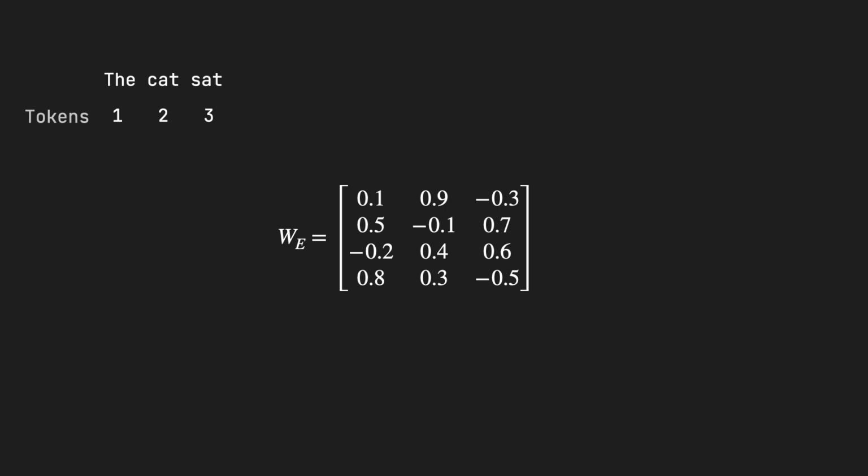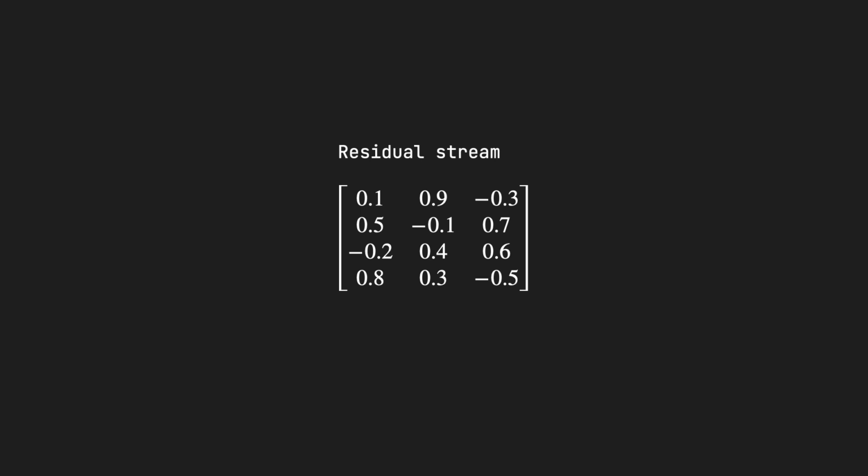So this right here is an embedding matrix, and each token maps to a specific column in this vector space. What this forms, when we start off in an LLM, is the first step in something called a residual stream.